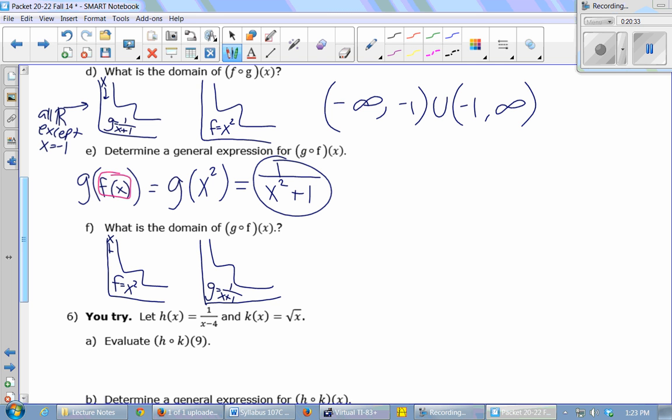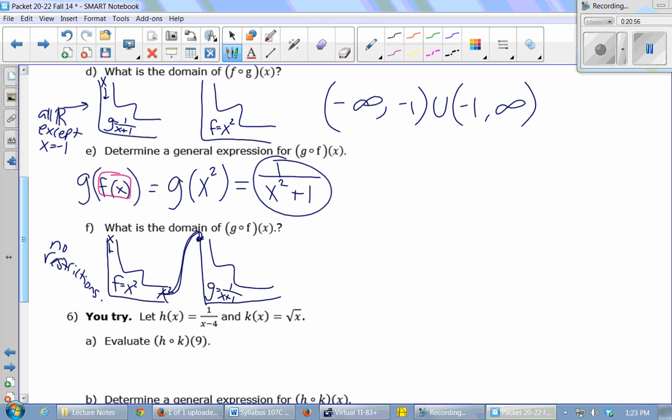Any restrictions? No. So no restrictions here. I can square any X I want. But then what comes out here is an X squared, right? You put in an X, you get an X squared. You take that X squared and drop it into G where there are restrictions, right?